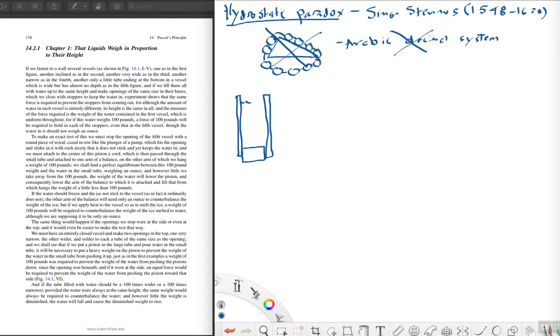And let's suppose that you filled this with water. So this is H2O in here. And let's suppose the diameter of this cylinder is such that the cross-sectional area of the tube is exactly equal to 100 square inches.